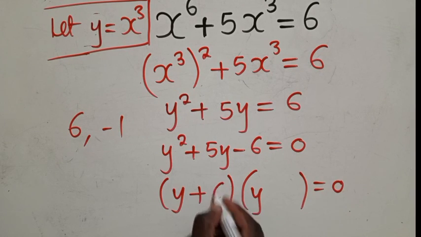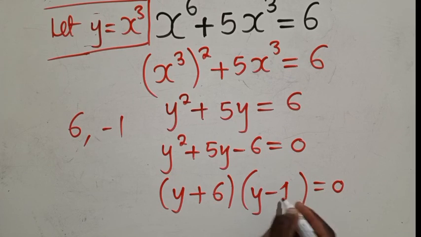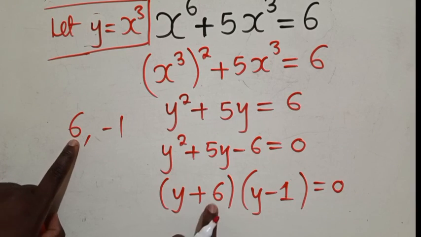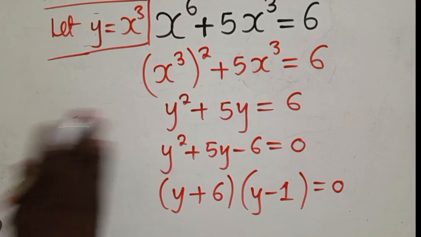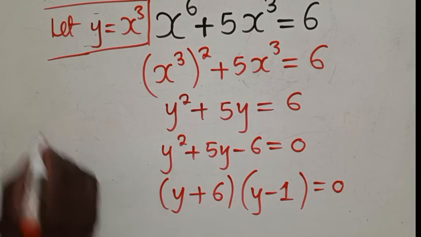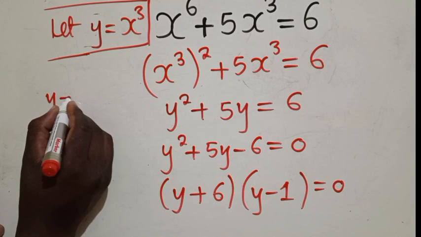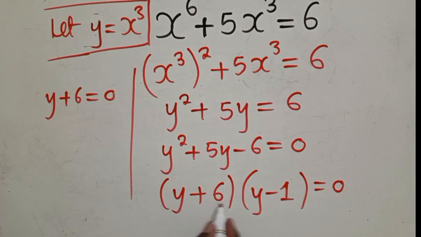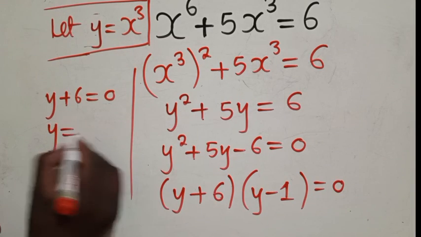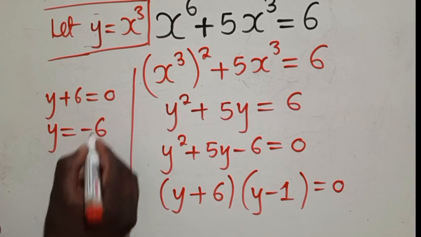So I'll write them inside here. The next thing will just be to equate. We say y + 6 = 0. I solve for y, meaning y will be equal to negative 6.